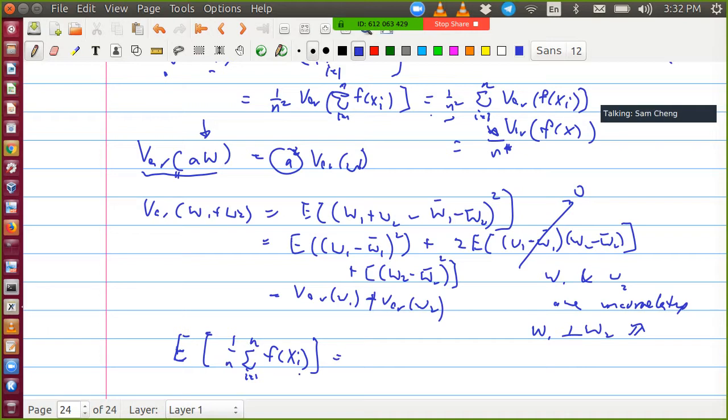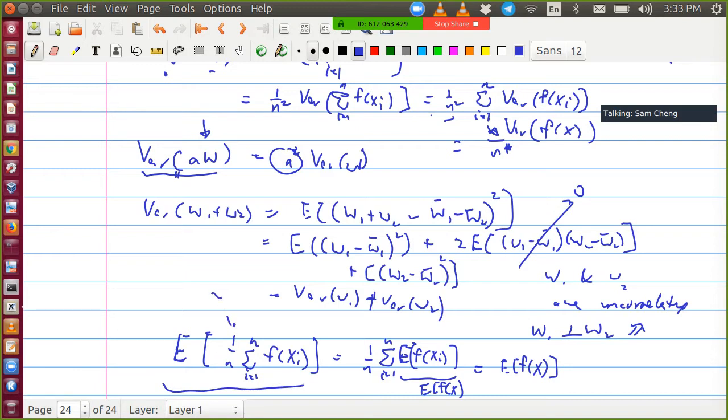Because they are identical, I can just pull the expectation inside the summation. Yes, they are the same. So this is just expectation f(x), and again you have n of them. But this time you don't have n squared in the denominator, so n in the numerator and denominator cancel each other, and you just have expectation f(x) left. So now we have this here.